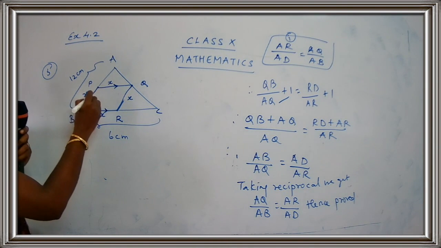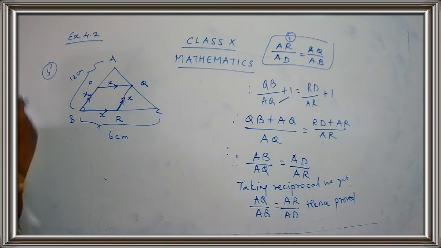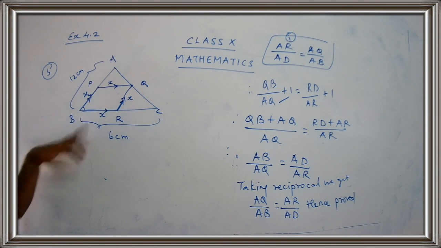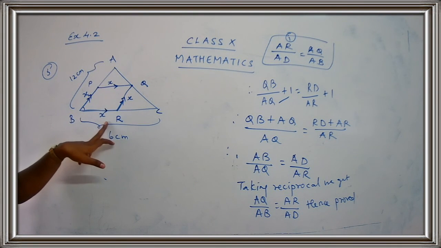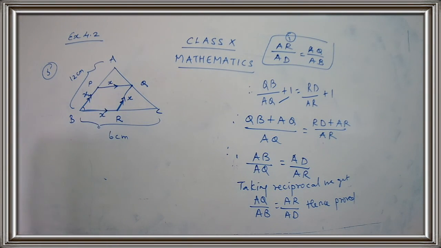Yes, BP is parallel to RQ. Or you can say PB is parallel to QR. It's your choice. So I have used one mark which shows their parallel lines, and here I have used two marks which show that these two lines are a set of parallel lines. So just draw it. Complete the figure, children.